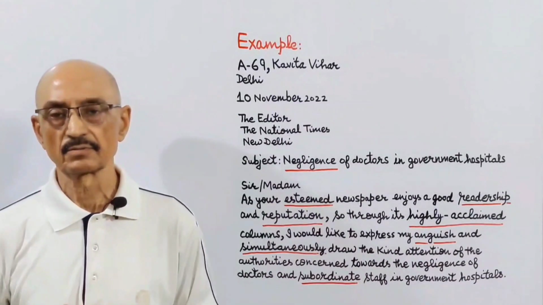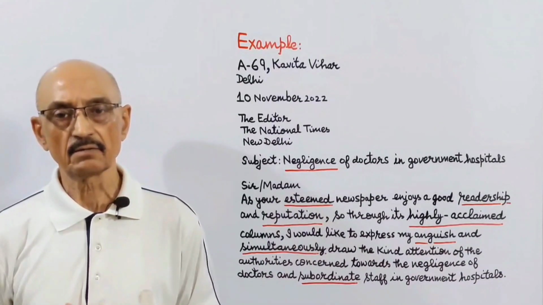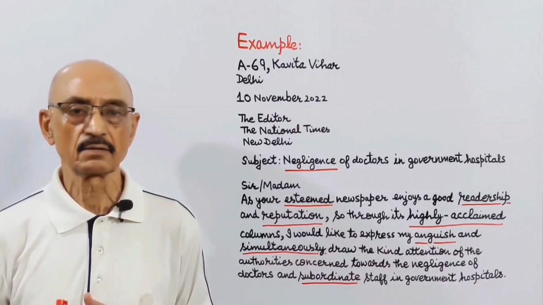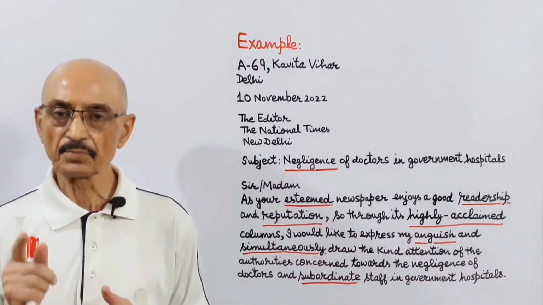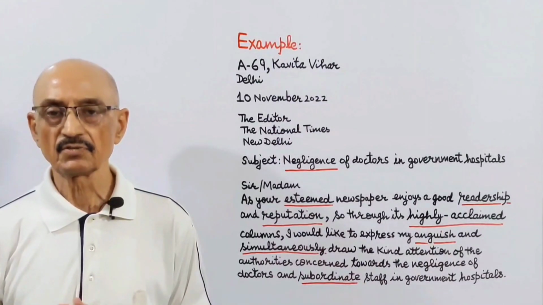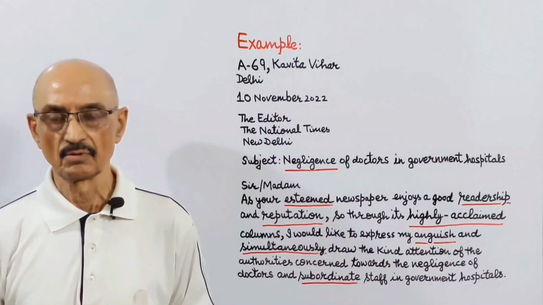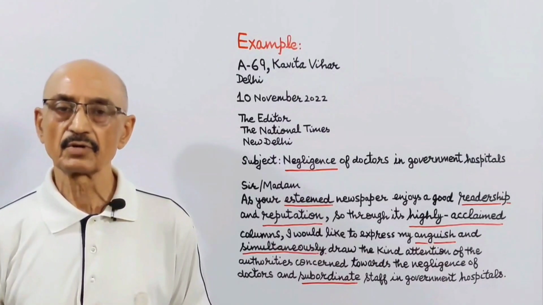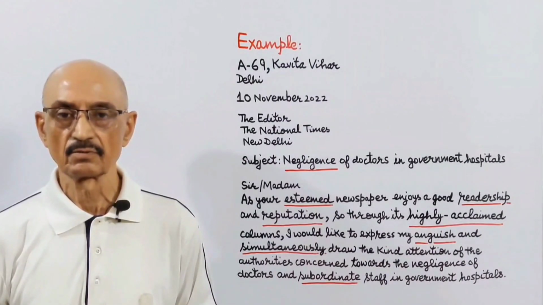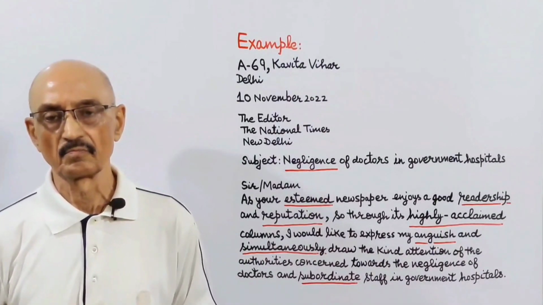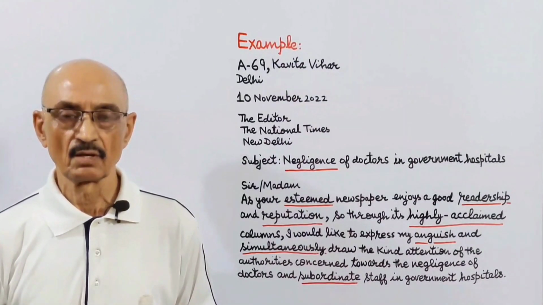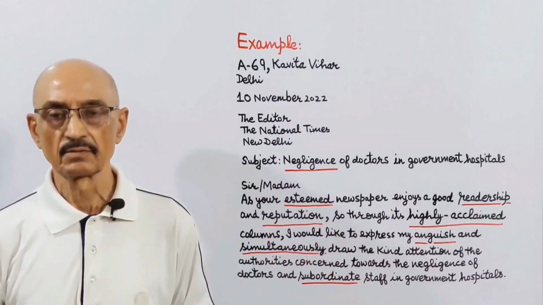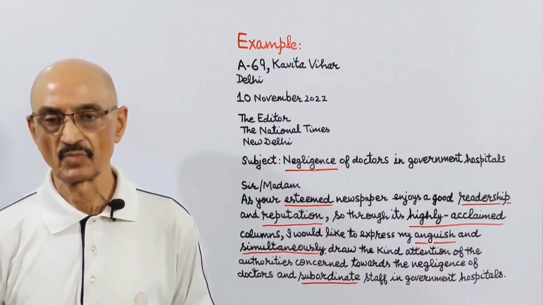Some students start this subject line like "complaining, regarding". No, don't take a present participle. If the present participle is working as an adjective or a noun, then you can take it. Otherwise, try to avoid this ing form. Always begin the subject line with a noun. Leave one line blank, write the salutation.